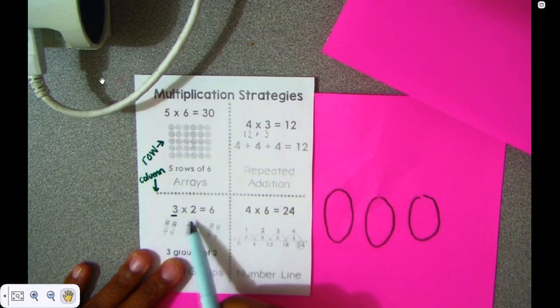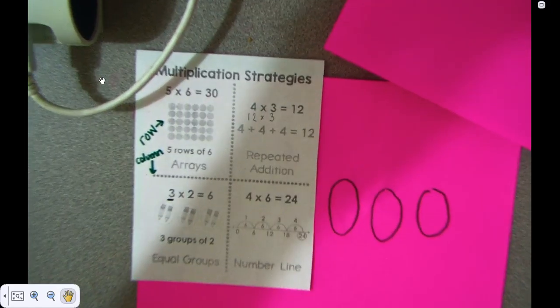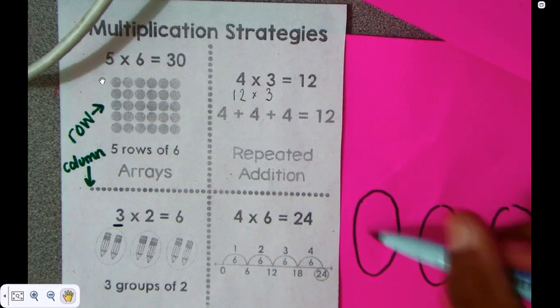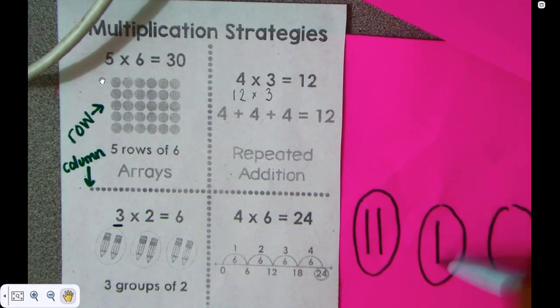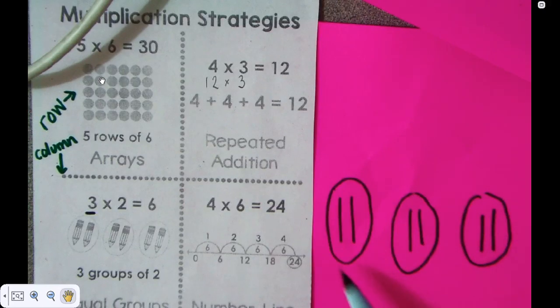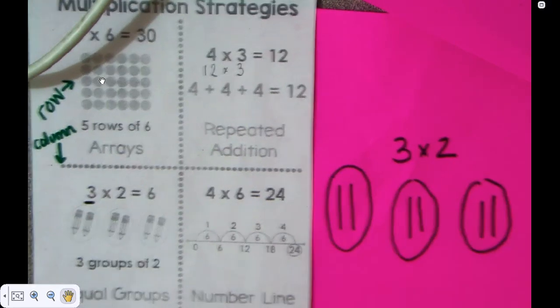And the second number lets me know how many to put in each group. And here they decided to do pencils. So I'm just going to draw lines. 2 in this group, 2 in this group, and 2 in this group. And when I count them, 1, 2, 3, 4, 5, 6, I figure out 3 times 2 is 6.